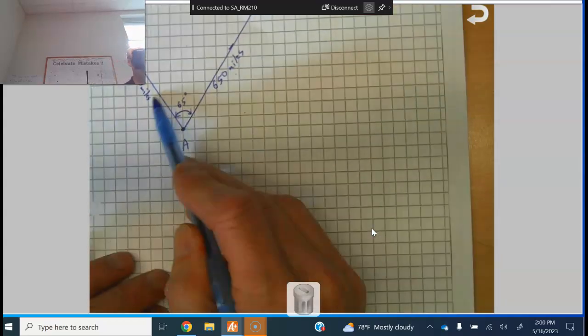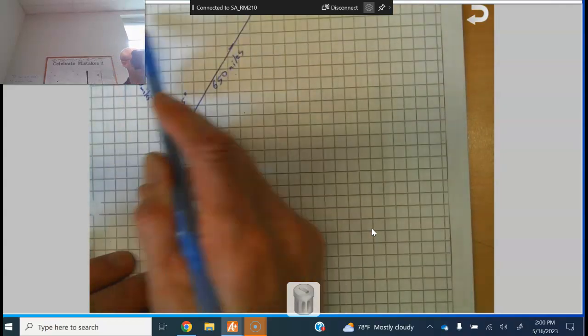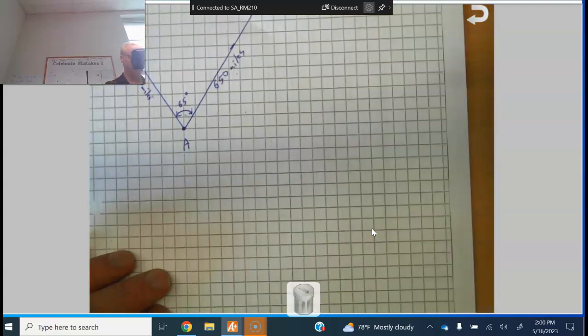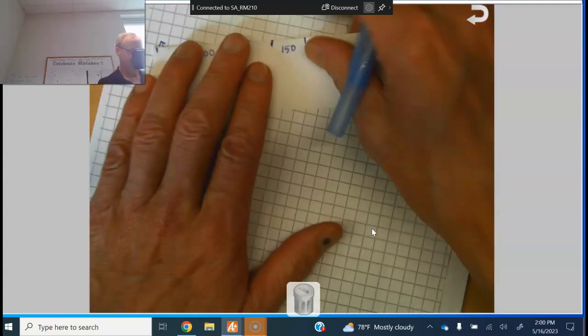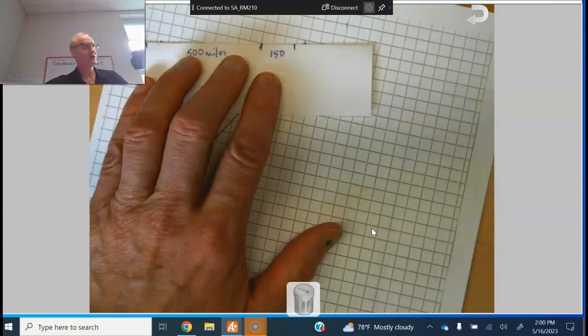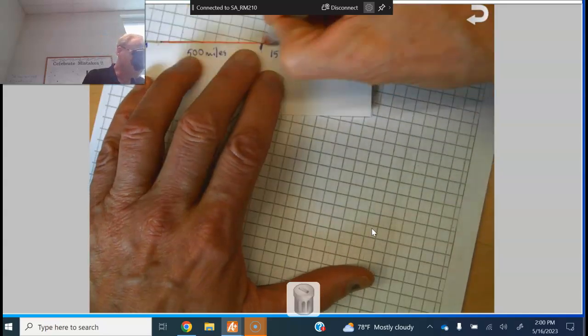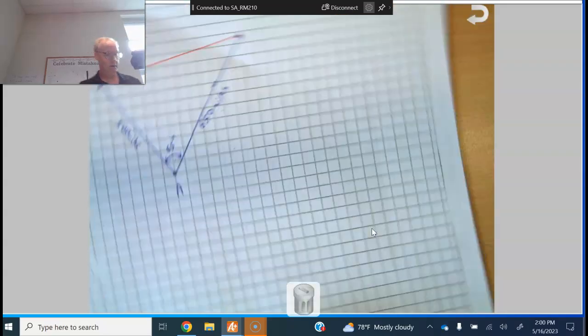Anytime you have a side, an angle, and a side, you can find the distance between the planes using law of cosines. I'm going to measure this distance between these guys. At the end, I'll actually measure it physically. We're going to do it using the law of cosines first.